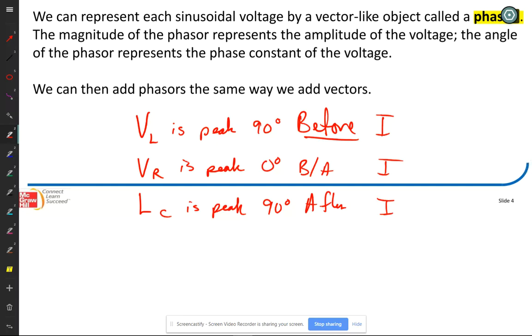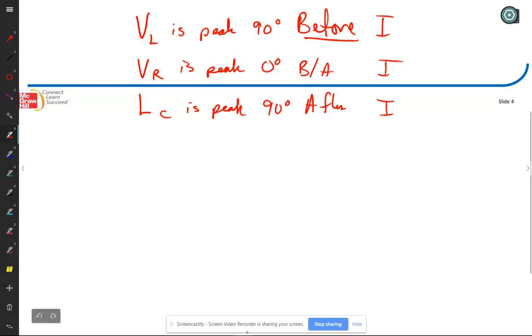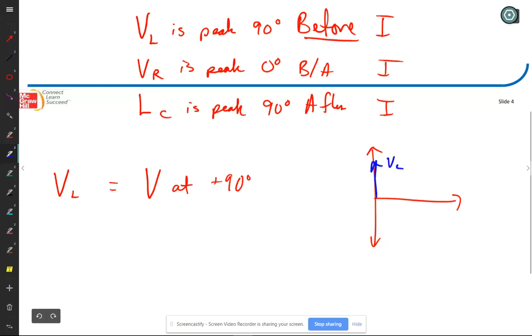And so what we do for a phasor diagram is we say, okay, let's look at, for instance, the voltage, and then let's say it's at an angle. So voltage for an inductor would be the voltage you measure at plus 90 degrees. And so we're just going to make a diagram. Actually, much quicker to do it this way.